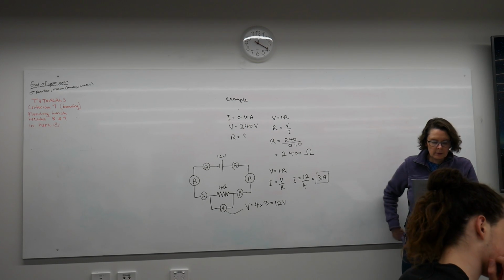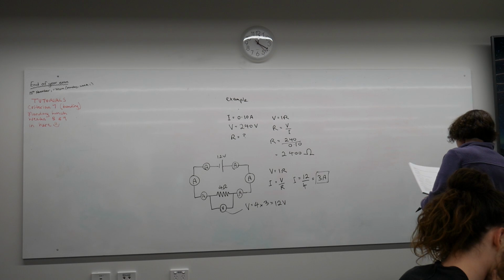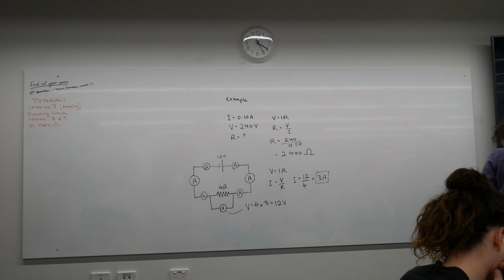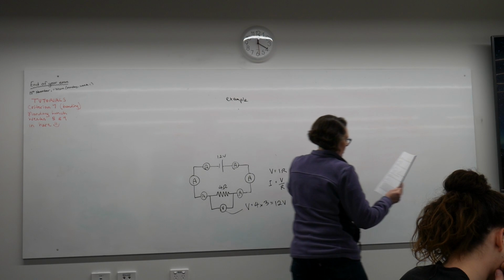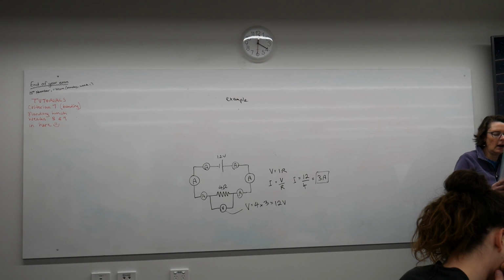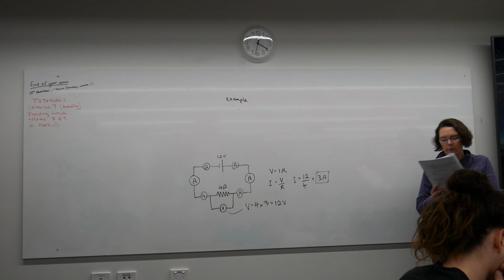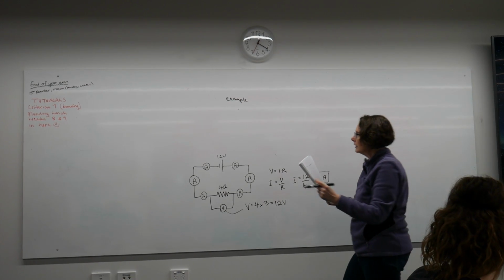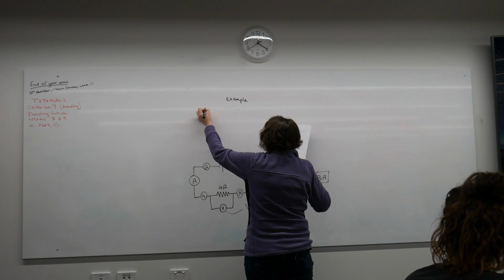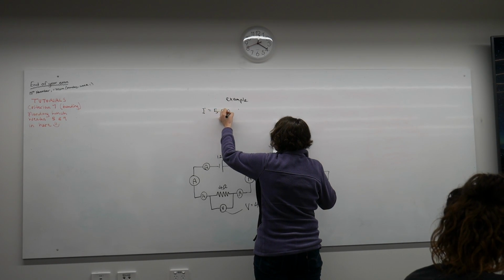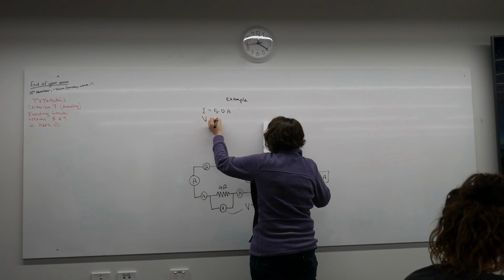Now, the worked example is 6.5.3. What is the resistance of a car headlight if there is a current of 5 amps in it when operating normally? So here we've got 5 amps, and this time we have a 12 volt battery.